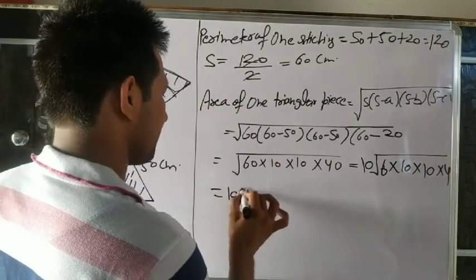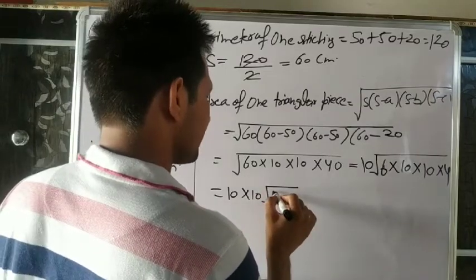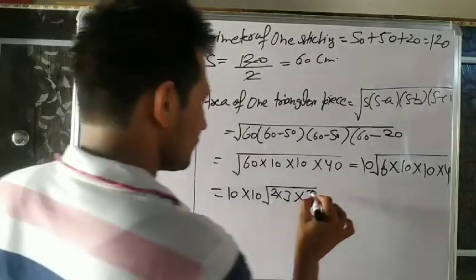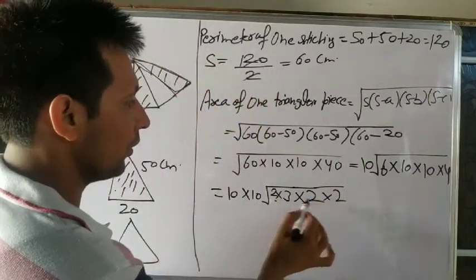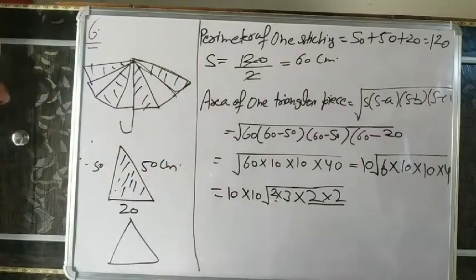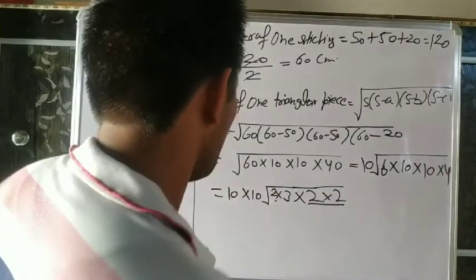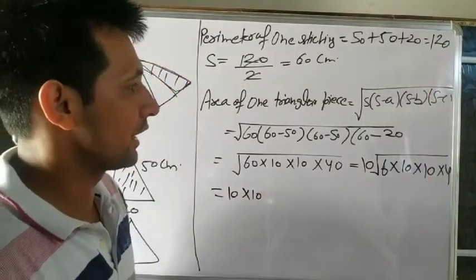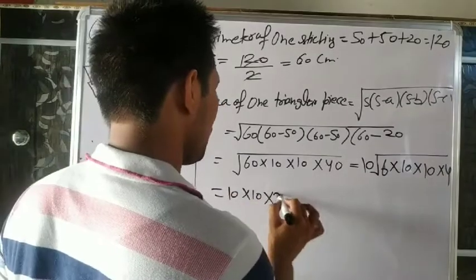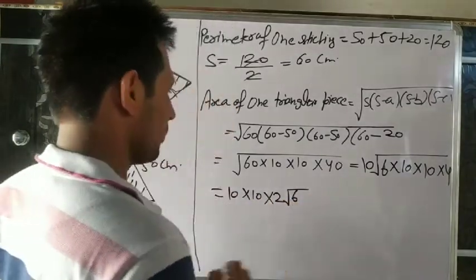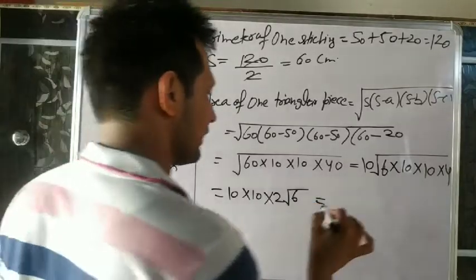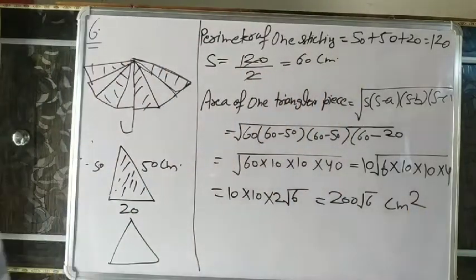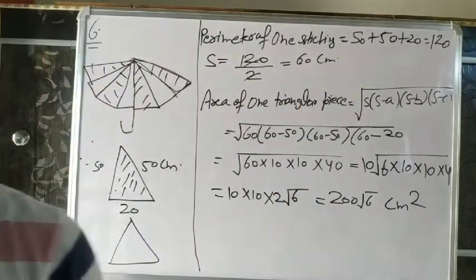So 10 multiply 10 under the root; 6 we can write 2 into 3, 4 is 2 into 2, a pair of 2 and 2 is a square. Otherwise you can write directly 10 into 10, again outside, square root of 4 is 2 and square root of 6. Now what remains? It becomes 10 into 10, 100, 200 root 6 centimeter square. It is the area of one triangular piece.